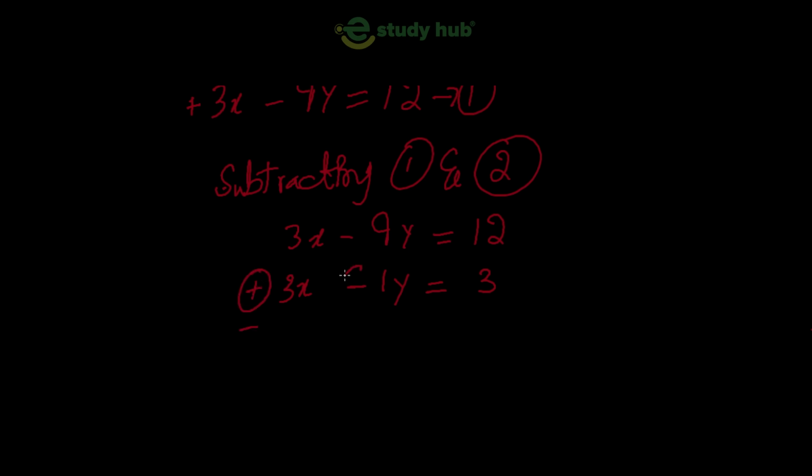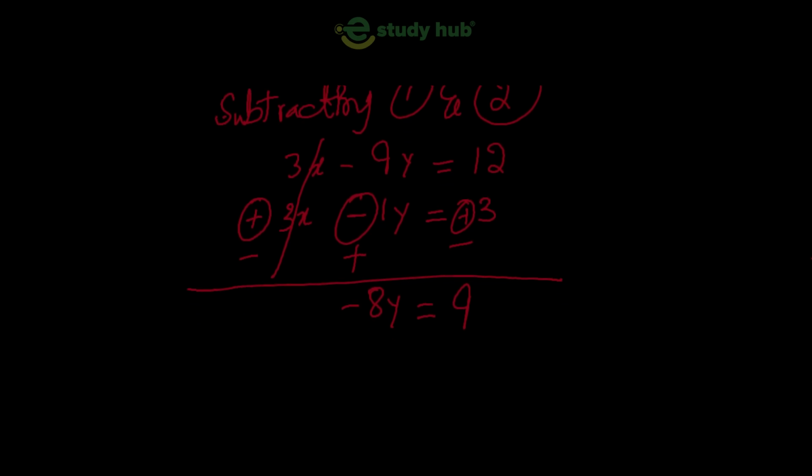This negative changes into positive, positive changes into a negative. So I'm just going to cross that, eliminate that x from there. So you can see that this is minus 9y take away 1y, because negative and positive is going to make negative. So 9 take away 1, it will be negative 8y, that will be equals to 9.